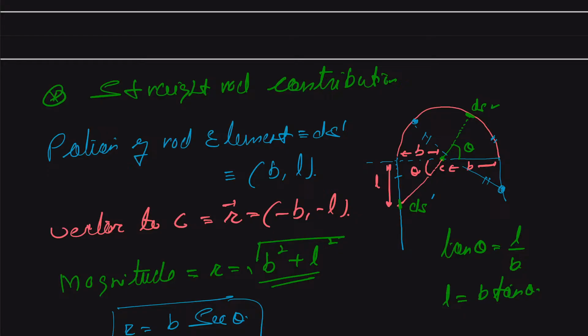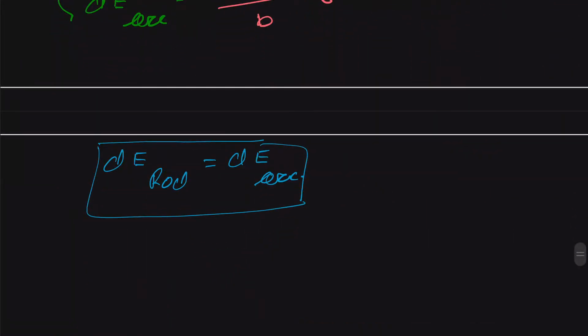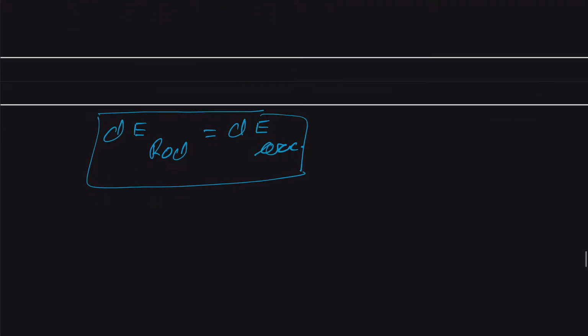And we have to remember both are positive, so the direction of electric field will be opposite to each other, magnitudes are same. Okay. Therefore we can say that each arc element has two matching rod elements, left as well as right. Therefore the electric field at point C will be equal to 0. That was our part A.